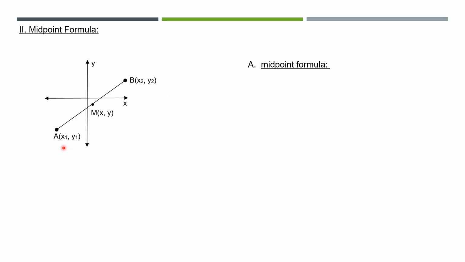Is it coming from point A or is it coming from point B? Here is point M, the midpoint, and you'll notice it's just the ordered pair x, y, because we're going to default to x and y as being an answer, not so much a number being plugged in. That does not mean it's always going to be that way, but that's where we're going to default.